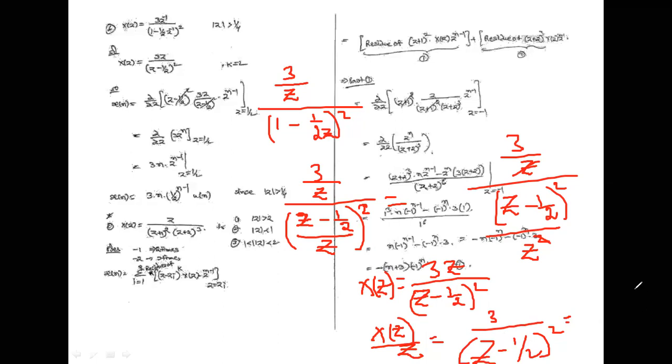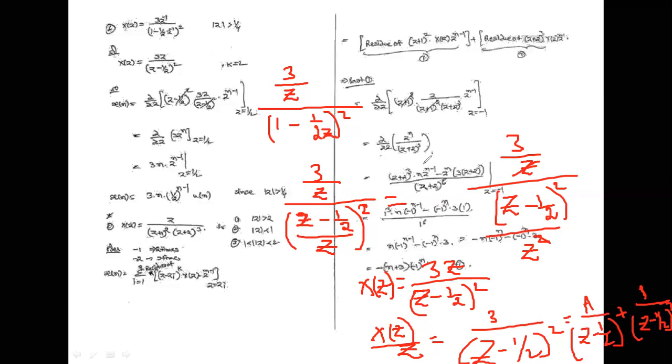You can find the a value and the b value, and continue. Now I got this X of z by z function.